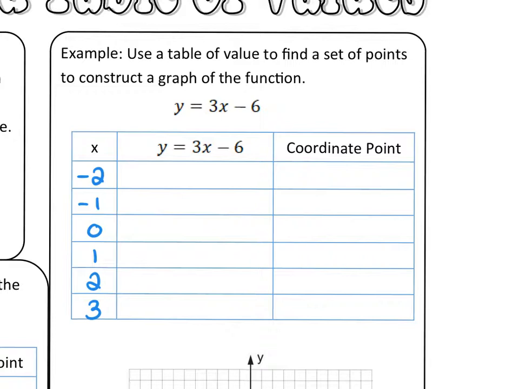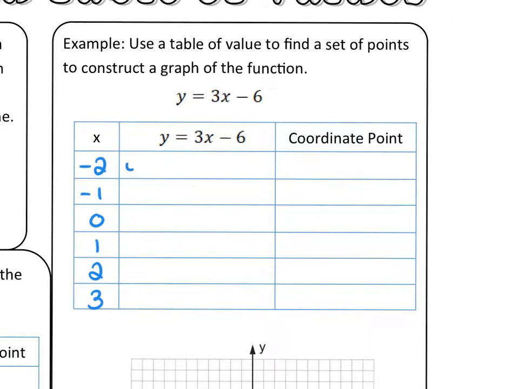So anyways, what you do then is you take the value that's in the x and you're going to sub it into the formula. So for this one, it's kind of going to look like this. 3x, in this case, is 3 times -2, minus 6. And then we'll just follow BEDMAS to solve that. So 3 times -2 is -6. And when we subtract another 6, we get -12.